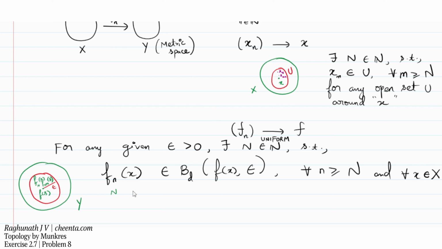And this is true for all s in the set X. That's what we mean by uniform convergence, because for all points in capital X, the function is converging uniformly, right? Because the capital N value is same for all open balls around that f of s. So with this definition, let's look at the question now.